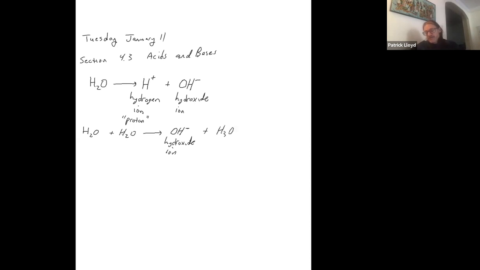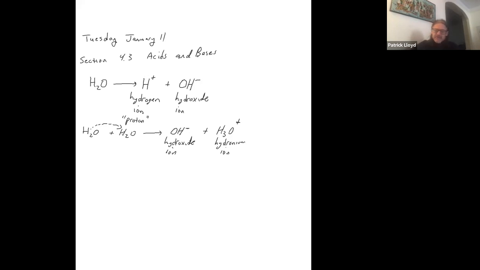So it's a transfer of that hydrogen ion, right? So let me draw a little arrow here. One of the hydrogen ions is being transferred to the other water. Now this is called the hydronium ion.